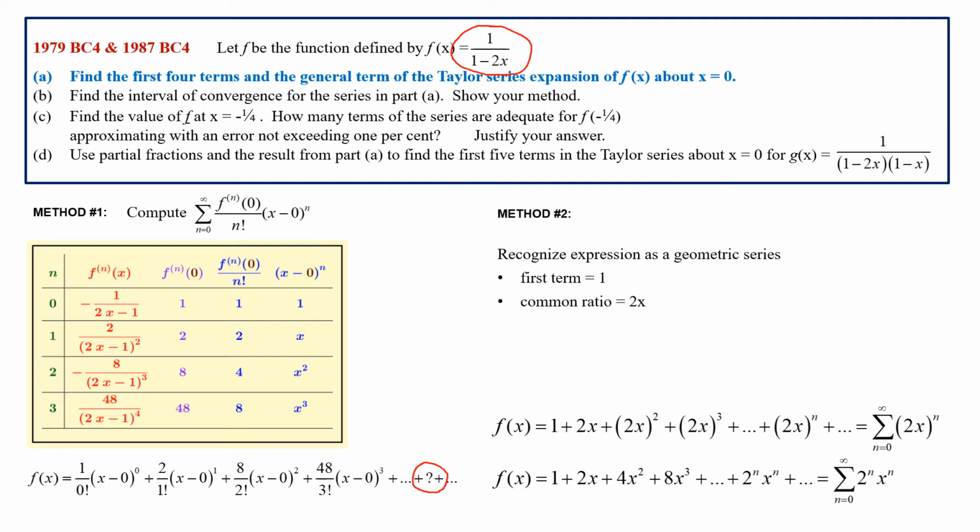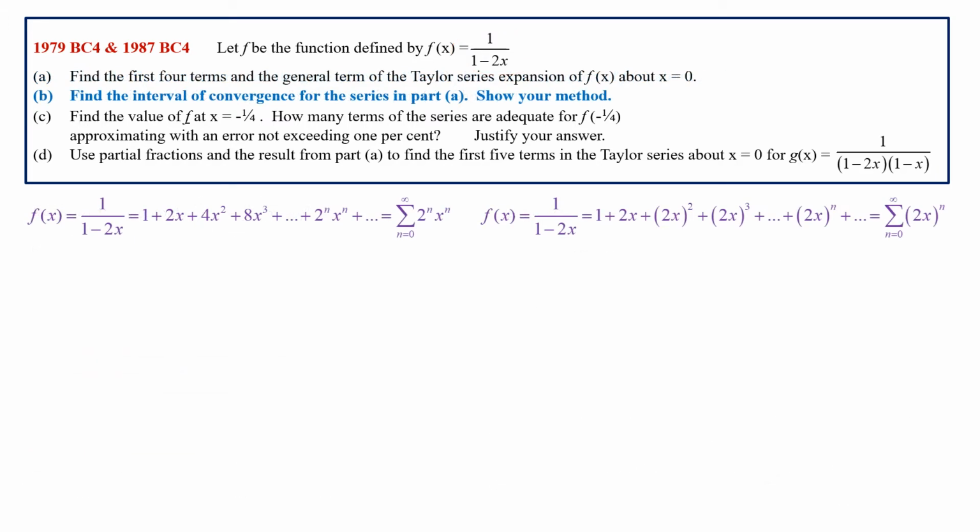I could have then multiplied 1 by 2x and said plus 2x, and then just realized I'm going to keep multiplying by 2x each time, which is the same as 4x squared, 8x cubed. But if I leave it as 2x quantity squared, 2x quantity cubed, I could rewrite the summation as 2x quantity raised to the n. So both of these are acceptable answers, but as you can see, method number 2 went a lot faster than method number 1.